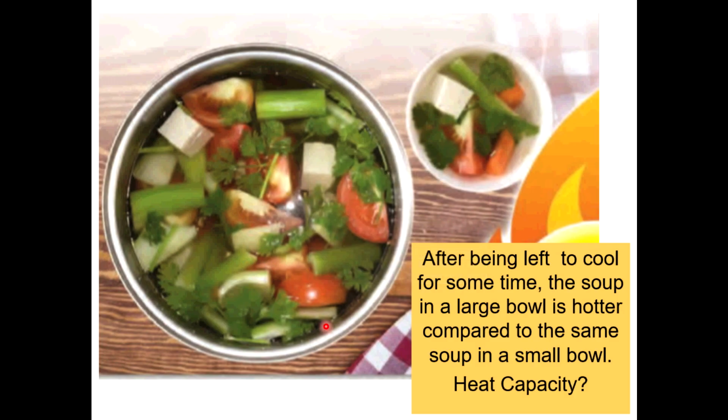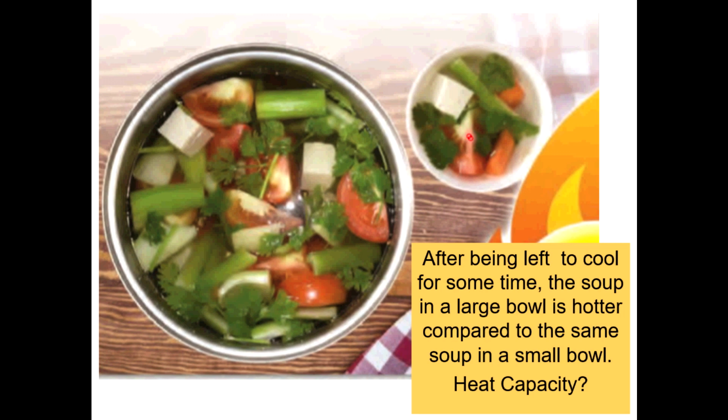This picture shows two bowls of soup, a bigger bowl and a smaller bowl. After being left to cool for some time, the soup in the larger bowl is hotter compared to the soup in the smaller bowl. So which one has bigger heat capacity? Yes, the larger bowl of soup has bigger heat capacity, hence it will cool slower.